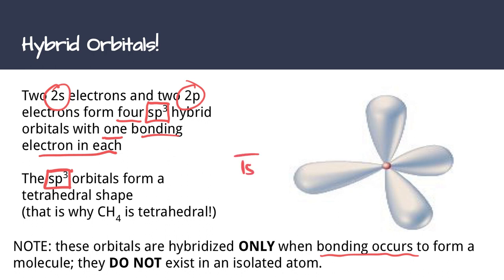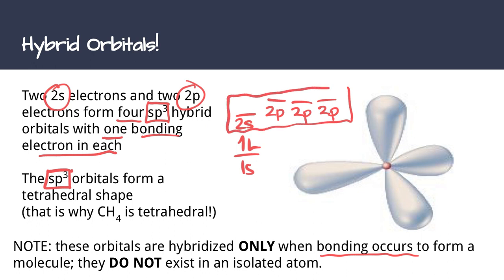So for carbon, instead of this 1s here, and then 2s and 3 2p orbitals, we're going to show it. Instead, these 4 orbitals are going to combine to create 4 new hybrid orbitals.